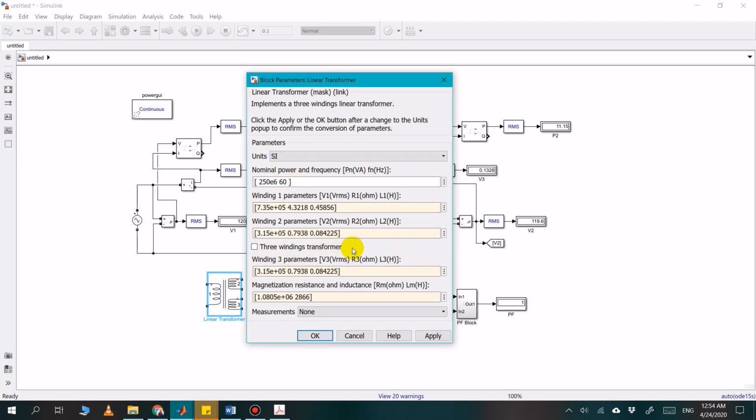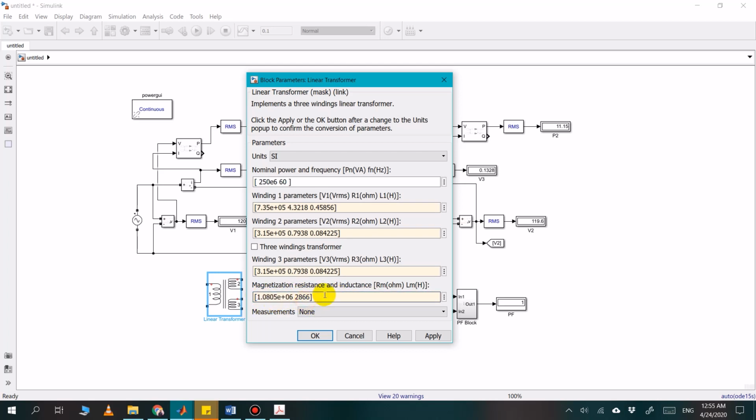Then you will notice that these are the shunt branch parameters of the transformer, 1.08 into 10 power 6. So this is basically RC, and this is the inductance of the shunt branch. So the parameters that you got in lab number 2 and 3 will be similar to these parameters.